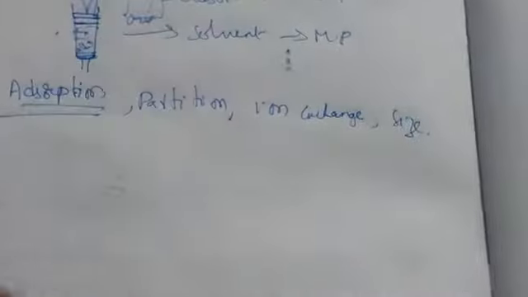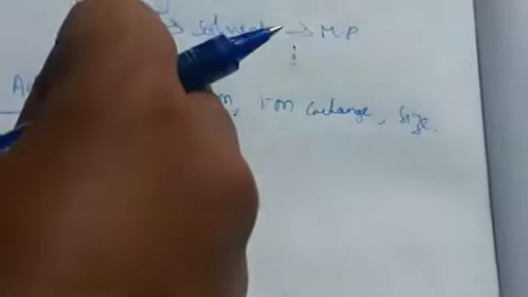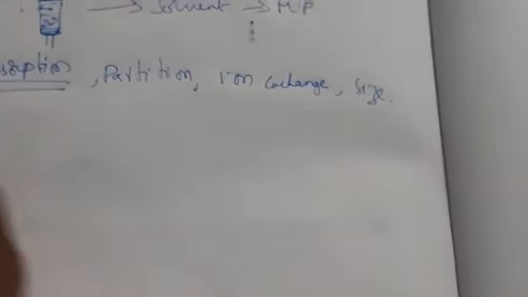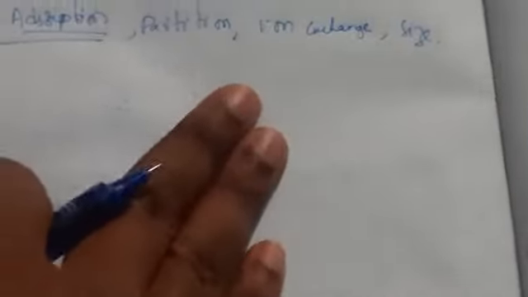The flowing of the particles with high pressure means that when you keep a pump here, the pressure will pass. The pump will flow the pressure here. Now we have liquid chromatography and also HPLC.